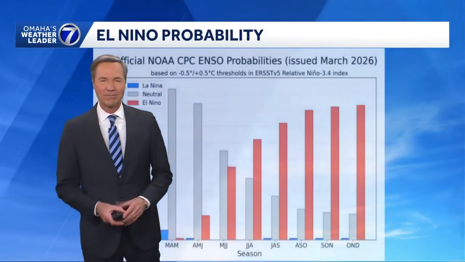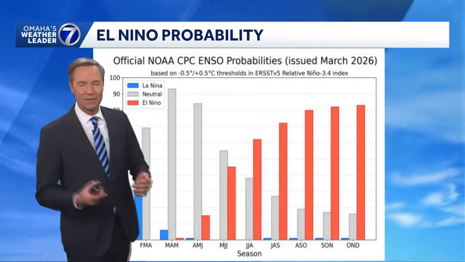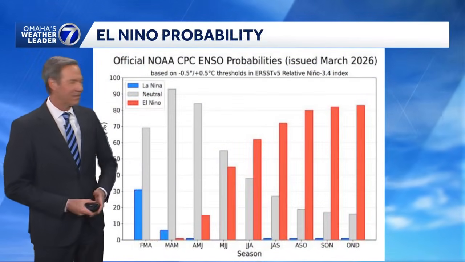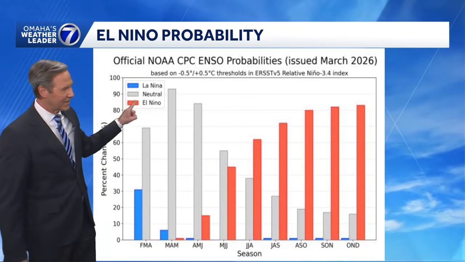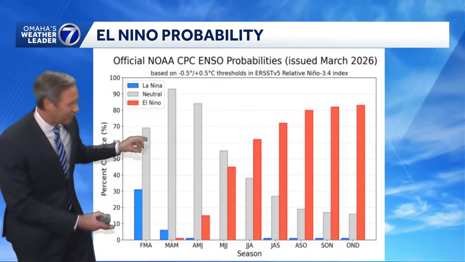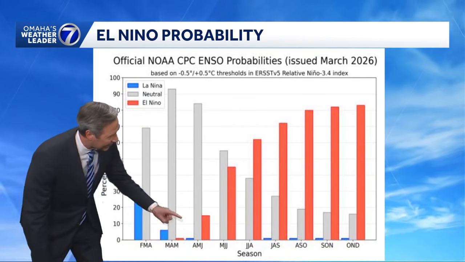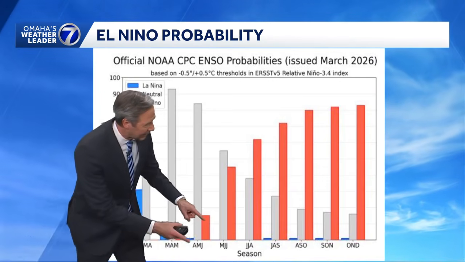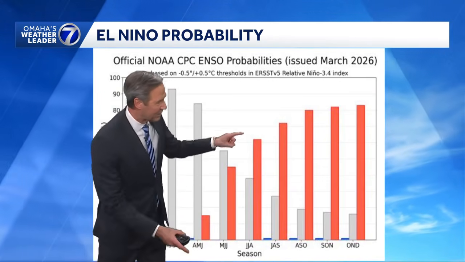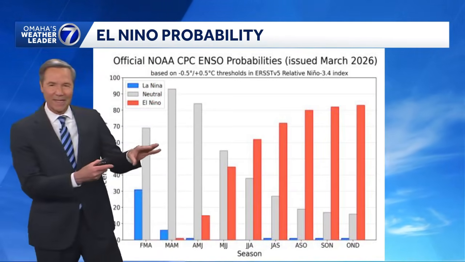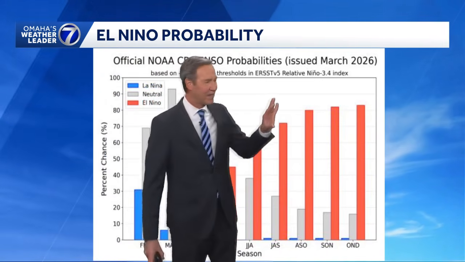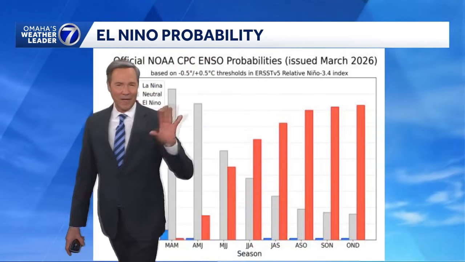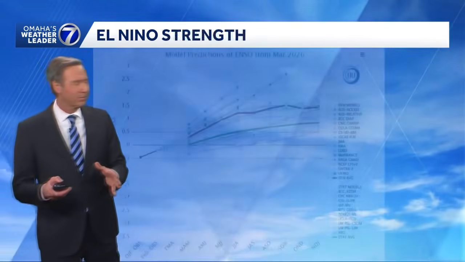And of course, computer models and forecasters try to project the odds of us getting into an El Nino. And on this bar chart, red is El Nino. Here are the months. So April, May, June, July, August, a pretty high probability that we're already into El Nino and likely to stay that way through the summer, into the fall, and into next winter.